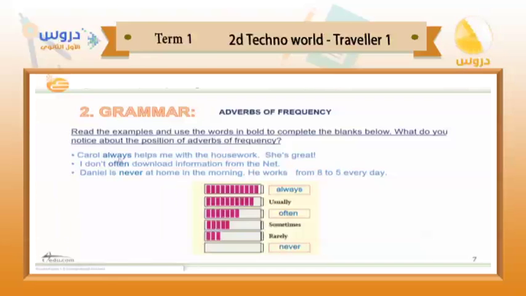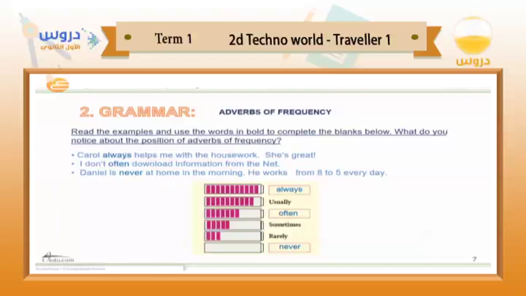Looking at the position, you'll notice that always comes before the verb and after the noun, after the subject and before the verb. I don't often download. You'll see that often here comes between two verbs, a helping verb don't and a main verb download. Usually these words come before the main verbs.